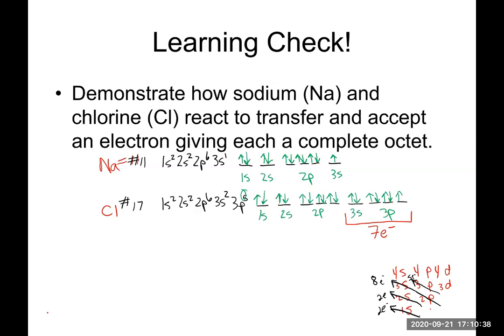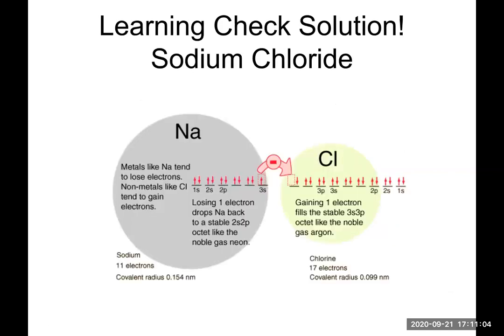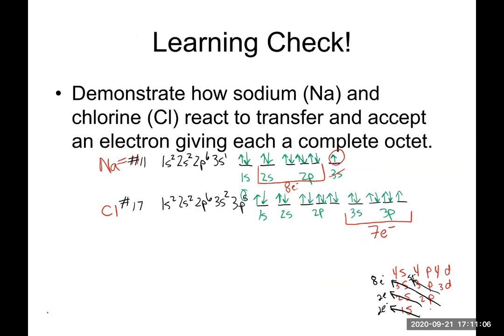And if we look up here at sodium, and we looked at sodium a couple slides back, and we drew this orbital diagram, and we said if sodium just gives up this 1 electron, then it won't have any electrons in 3s anymore, meaning that its outer electron shell will now be n equals 2, and it will have 8 electrons. And so you see how sodium is going to transfer this electron here.